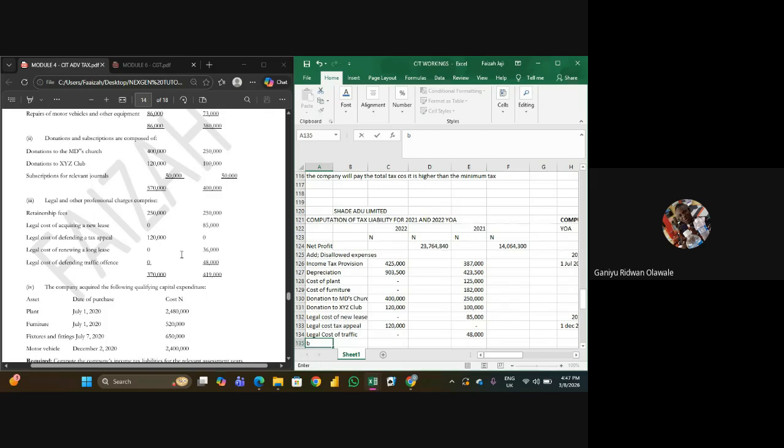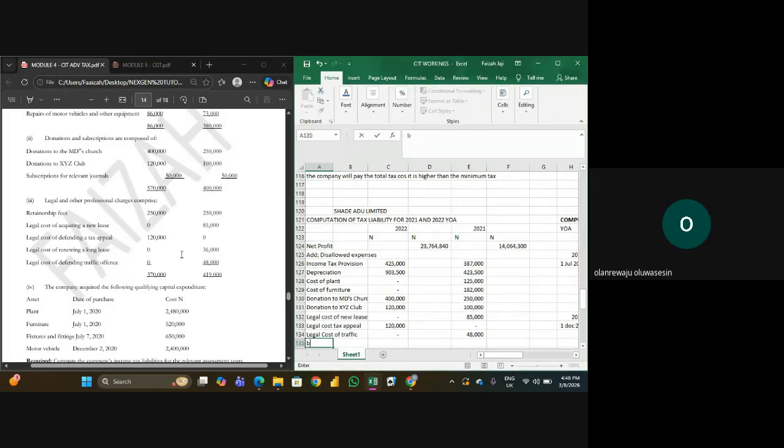Yes, ma. I'm trying to check my solution. I know I stopped this, but it's been a while. Legal cost of new long-term lease.